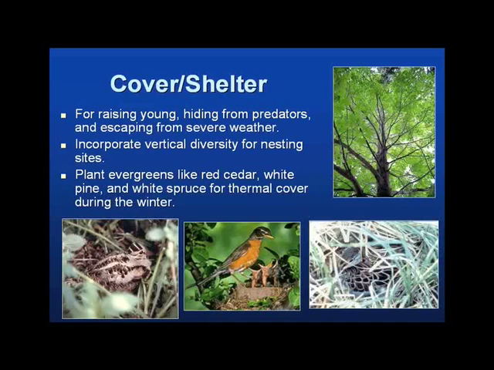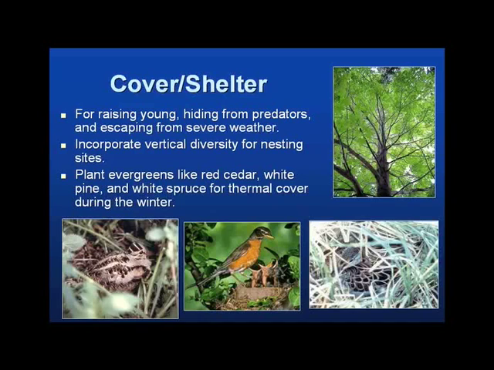The second bullet there, incorporating vertical diversity for nesting sites, what that boils down to is if you have a forest, instead of just having that upper canopy and all completely shaded and just kind of bare ground on the bottom, a park-like setting, you really want, if you're interested especially in birds and nesting sites for birds, each species nests in a different place.